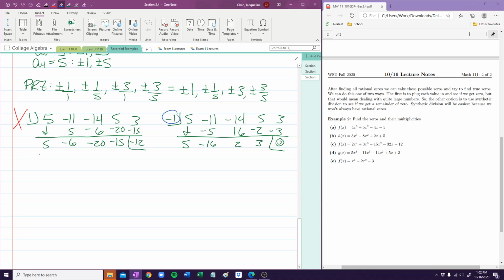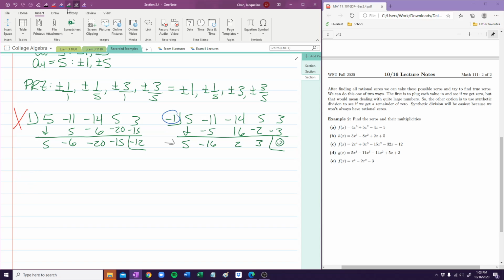So what am I going to do now? I don't have to check this 1 again, but we will check negative 1 again just in case it has multiplicity. So this time I'm going to rewrite this.